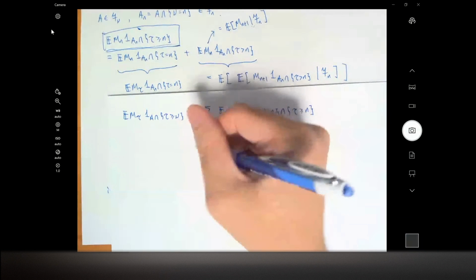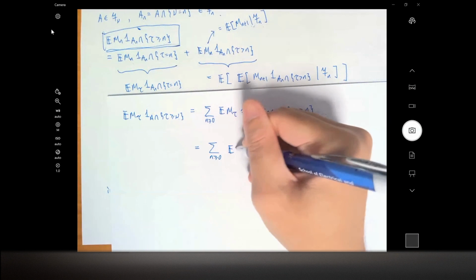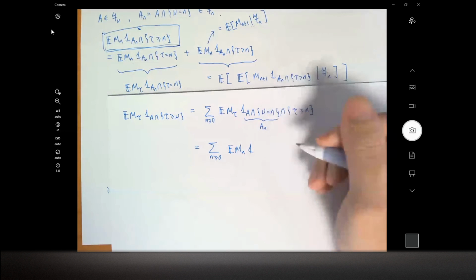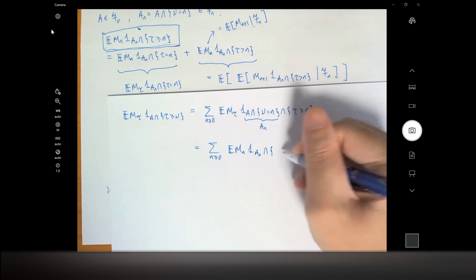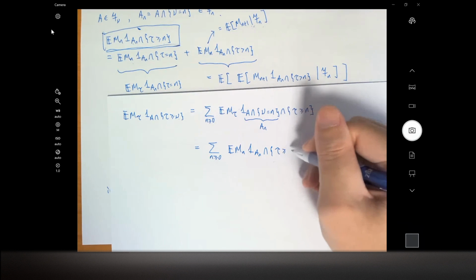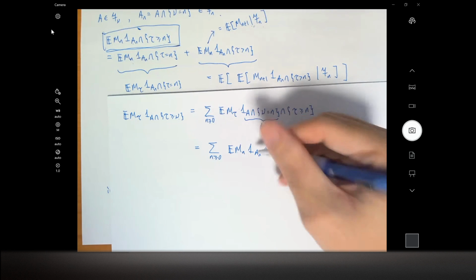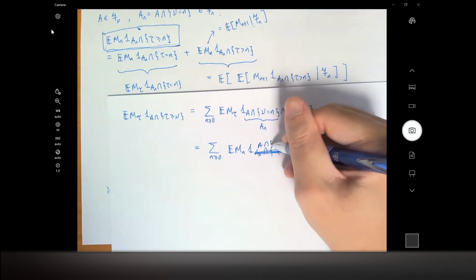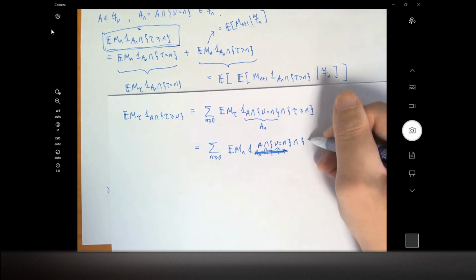So I can just replace it with the expectation of M_n, and this is just my A_n. I'd rather write it out as A because I want to go backwards.